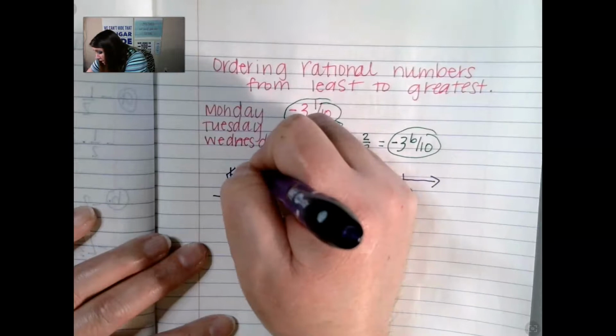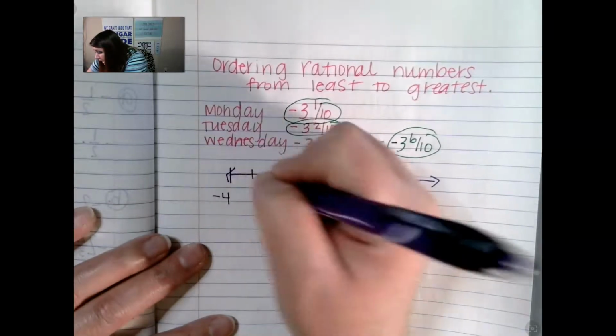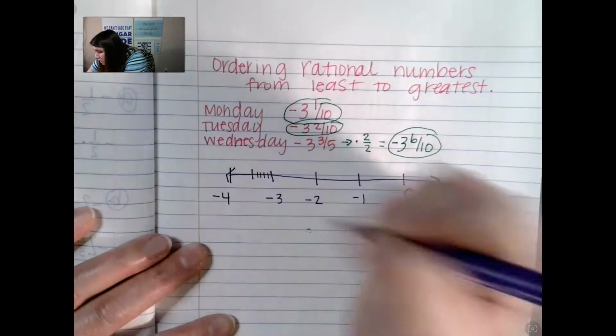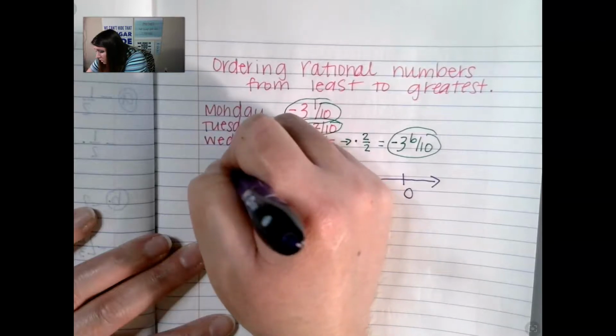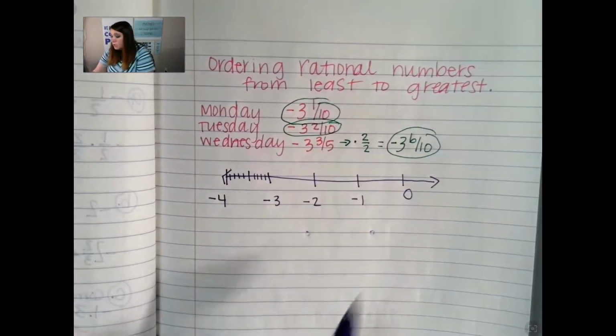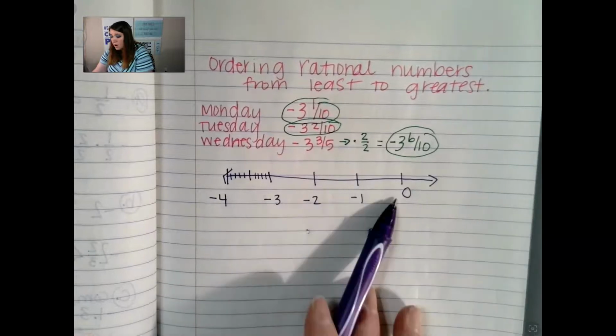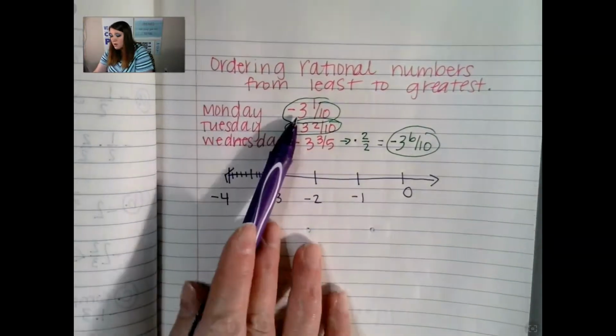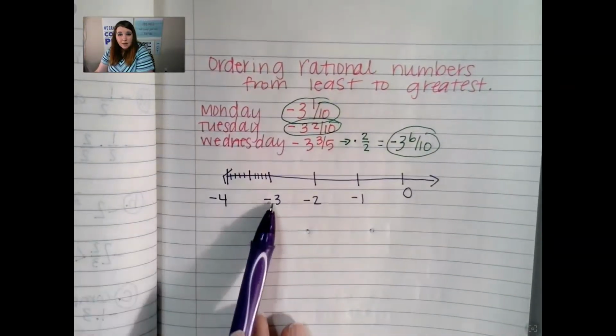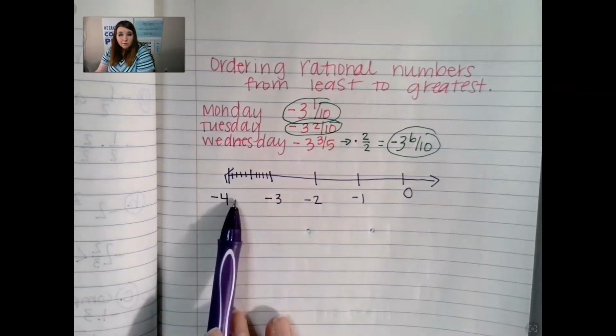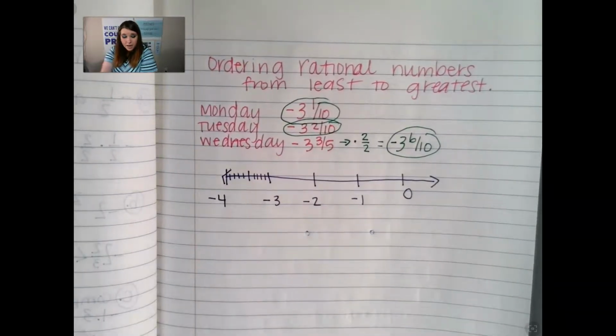Okay, so we're going to have 10 in between. So here's a half. 1, 2, 3, 4. 1, 2, 3, 4. Okay, you can put the lines in between all of these if you want to, but we know that we need to go to -3 and then over -3. So we're going to go ahead and graph this now. If you feel like that's something you need to do, go for it.